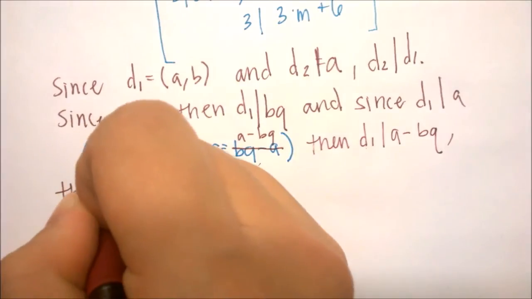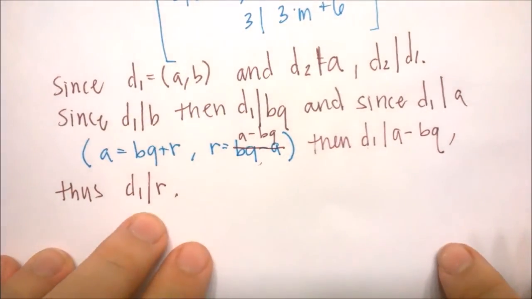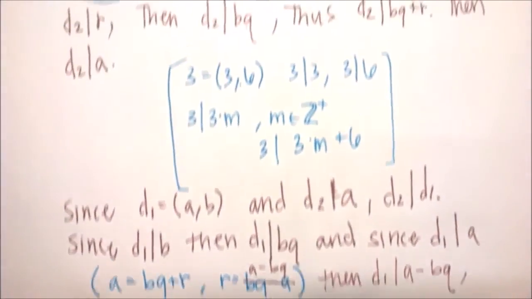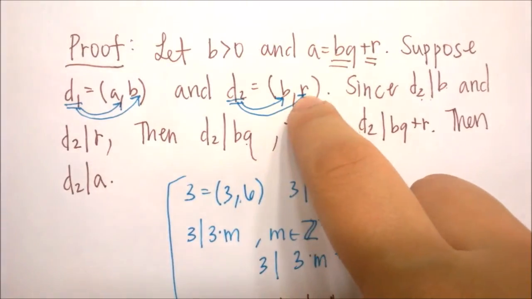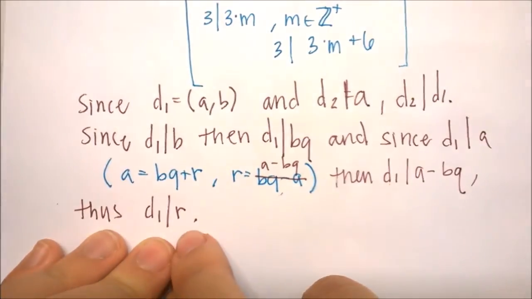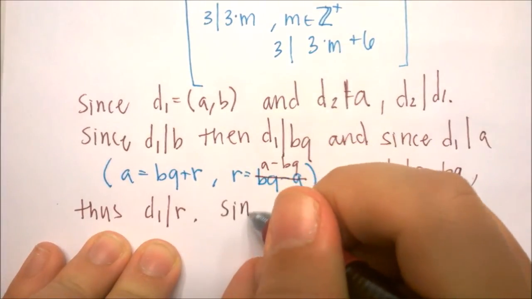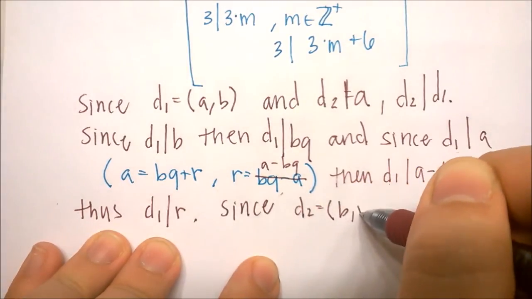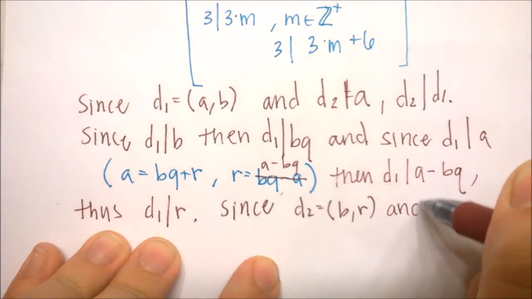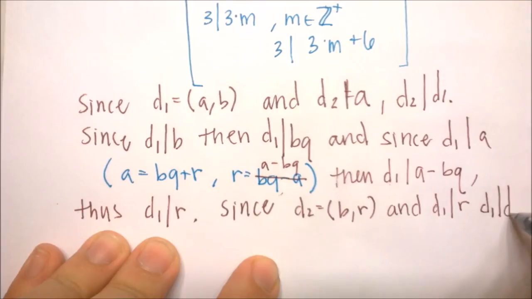Thus, D1 divides R. Well, that's convenient because D2 is the GCD of B and R. And we know D1 divides R. So, since D2 is the GCD of B and R, and D1 divides R, then D1 divides D2.